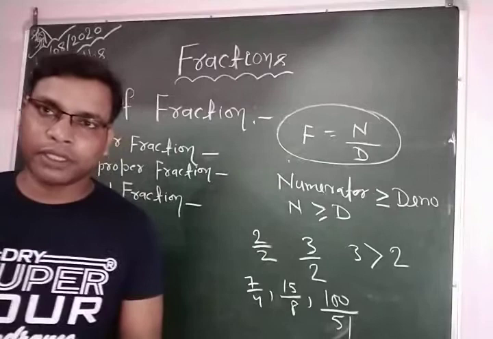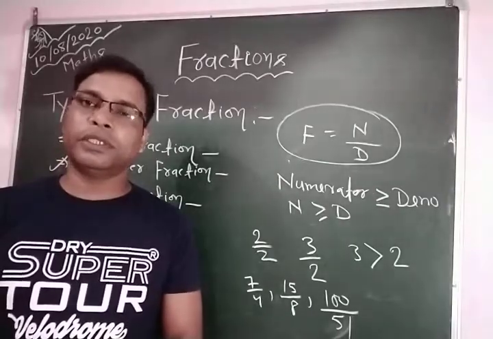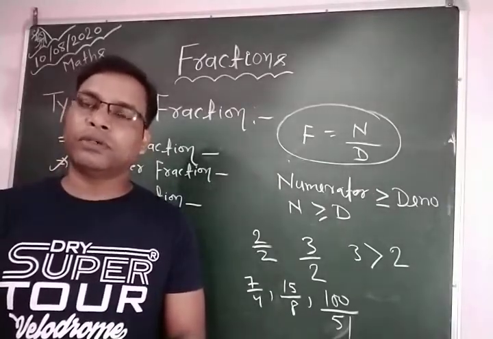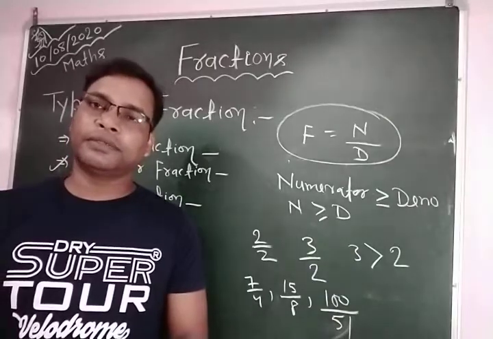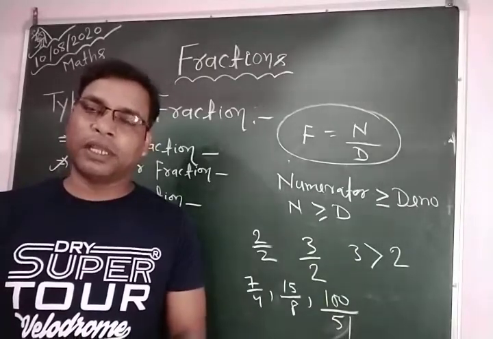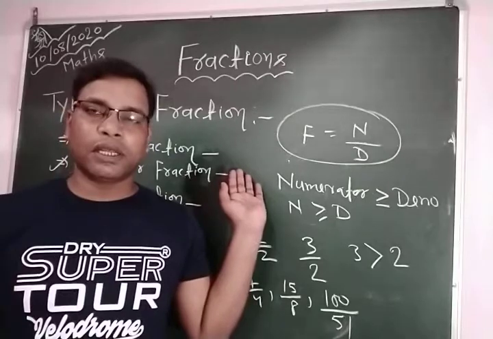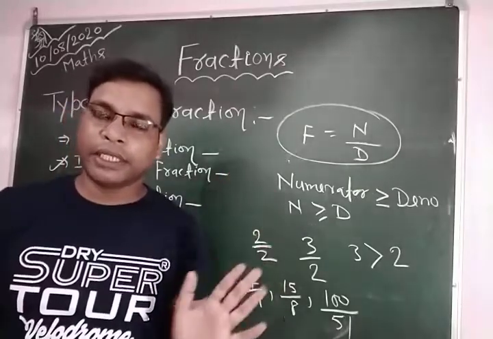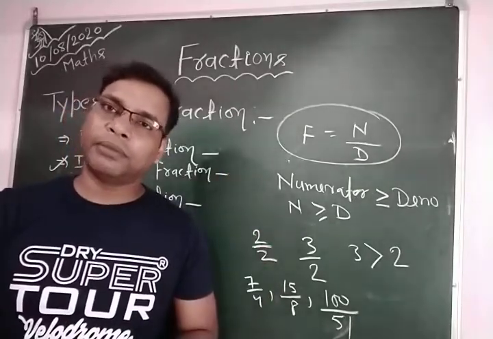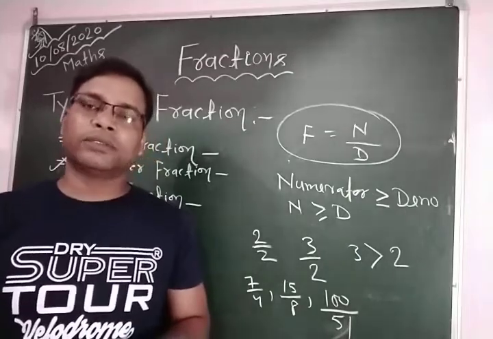What are improper fractions? Fractions whose numerator is greater than or equal to its denominator are called improper fractions. And proper fractions you know very well: fractions whose numerator is greater than 0 but less than its denominator are called proper fractions.